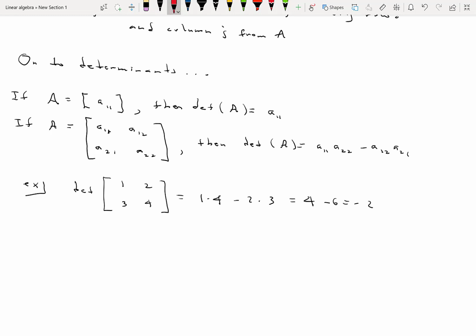Okay, and now for a brief notation alert. There's an alternate notation for determinants, which you're probably familiar with.